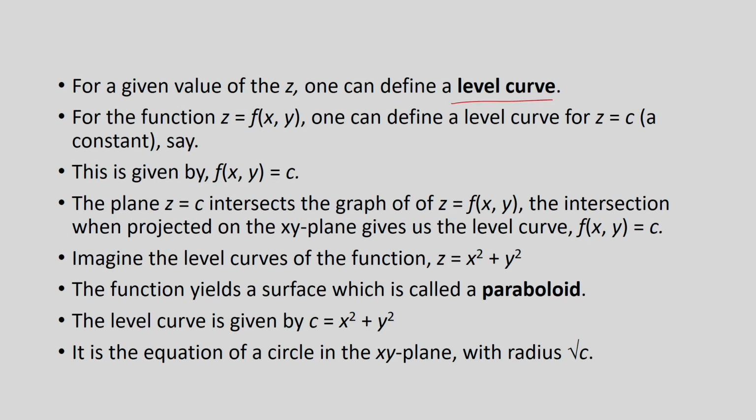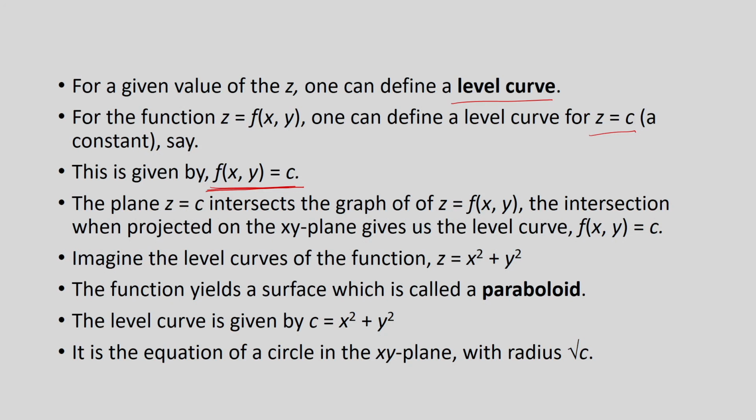Okay. Level curve means what? For the function z is equal to f x y, one can define a level curve for, suppose z is equal to c, c is a constant. So, the level curve will have this kind of equation, f of x y is equal to c. Notice this equation involves only two variables, only x and y, it does not involve z.